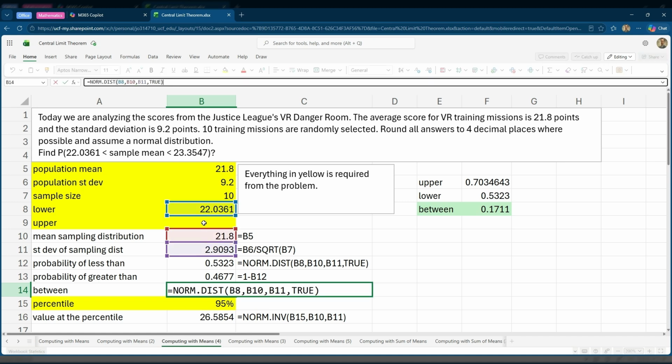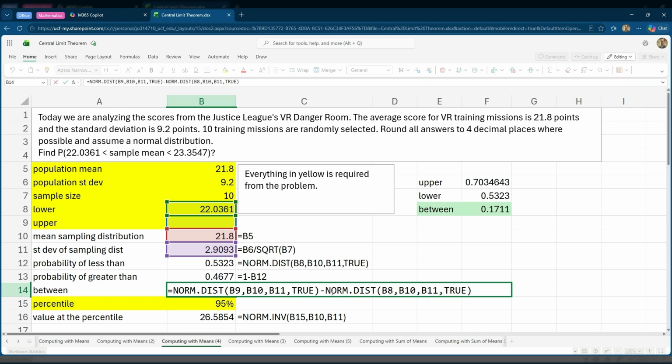Oh, but I want the upper. Yep. And then we're going to put minus and then the lower. Perfect. Oh, but I got to get rid of this equal sign or I'm going to get an error for sure. So I just want to do the upper minus the lower like we did last time, right?